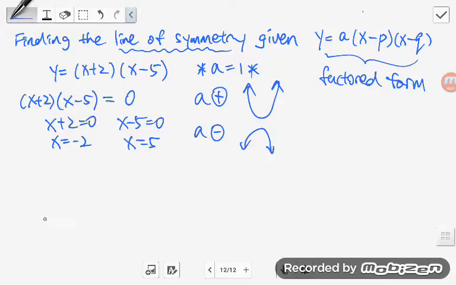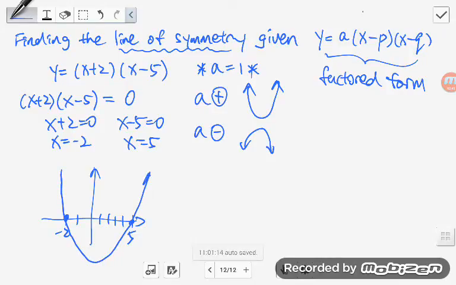If I just make a quick sketch of this parabola, I'm going to have a 0 at negative 2, and I'll have another 0 at 5. And this parabola has an a of 1, which is positive, so my parabola is going to open up like that. So this is my y is equal to x plus 2, x minus 5.